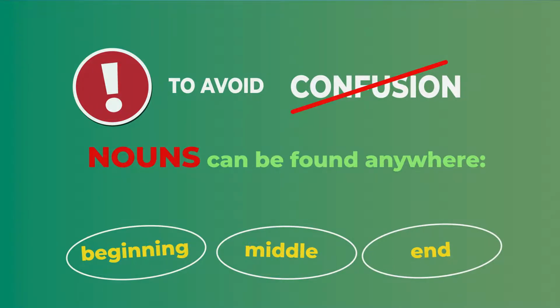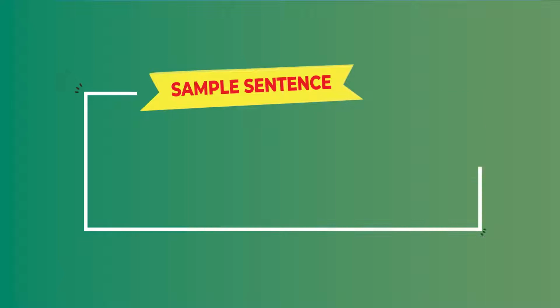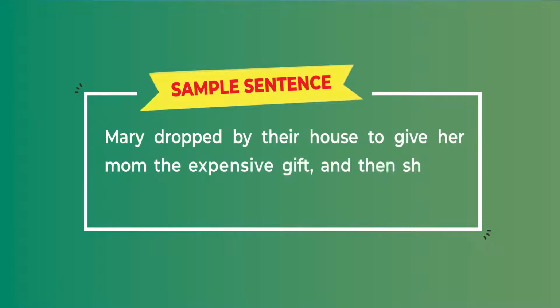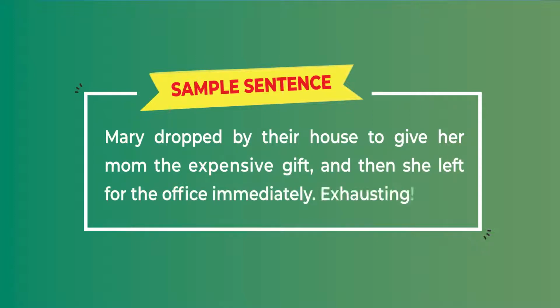Now, let's read the sentence together and identify all the nouns. Mary dropped by their house to give her mom the expensive gift, and then she left for the office immediately. Exhausting. Can you help me identify all the nouns in the sentence?